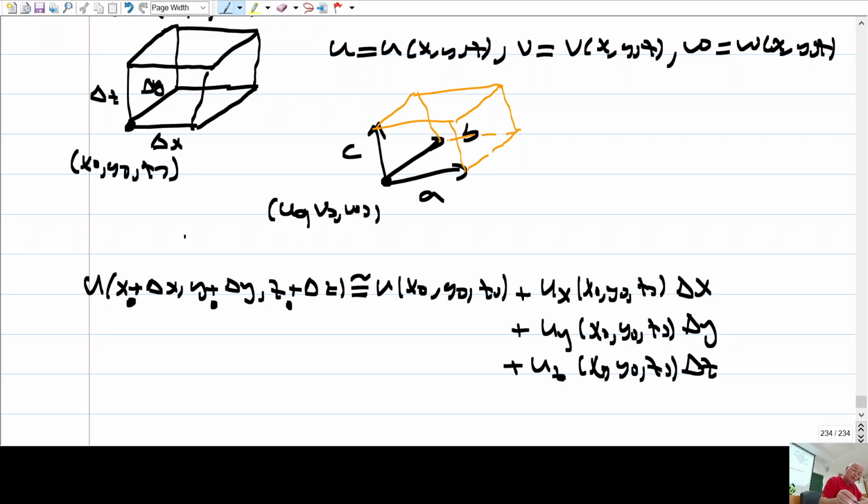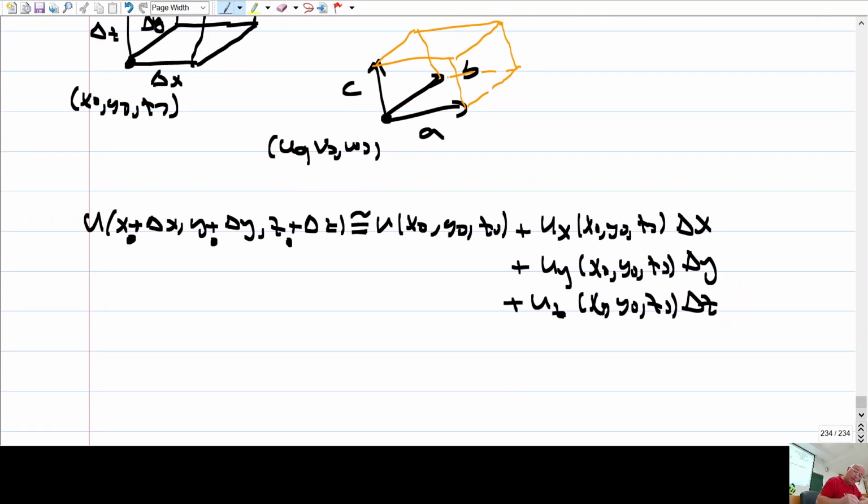So if you move a little bit in x, y, z directions, the u coordinate is changed this much. Similarly, the v coordinate will change a little bit.